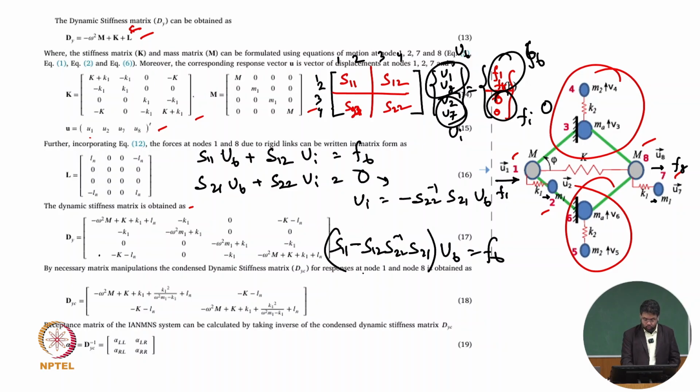So what is this? This is a condensed dynamic stiffness matrix, which I wrote as DYC. This dynamic condensed stiffness matrix is multiplied with U1, U8 and gives me the forces F1, F8. Agree, all of you?